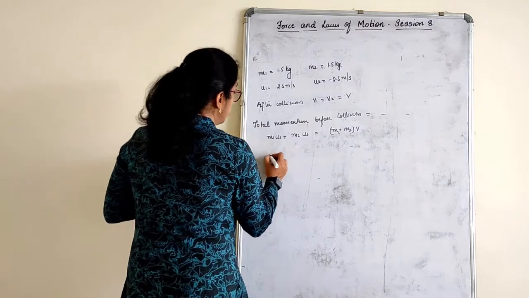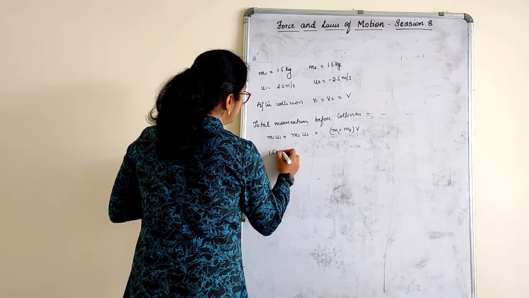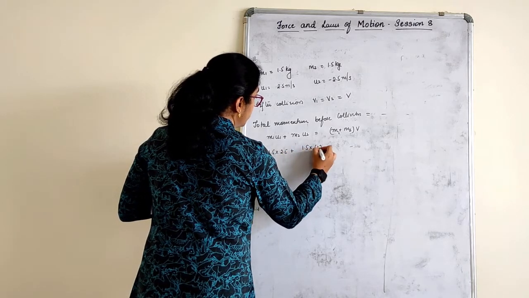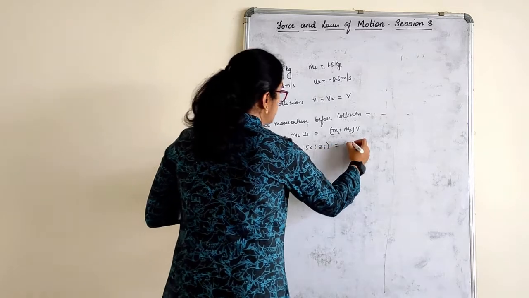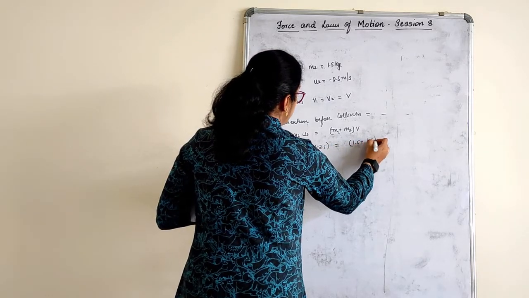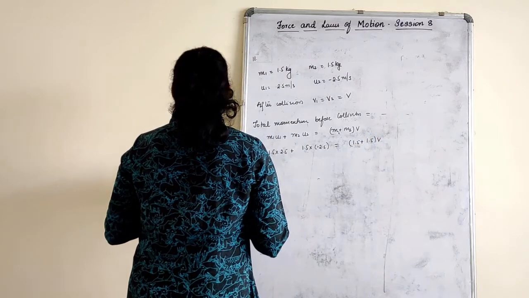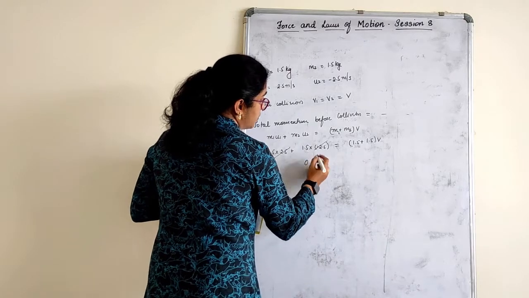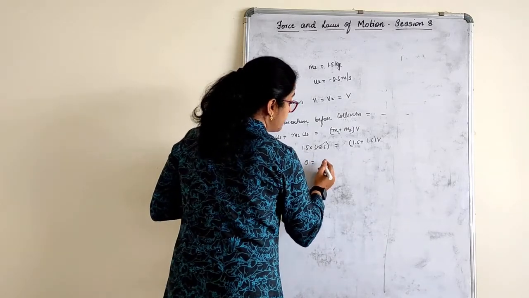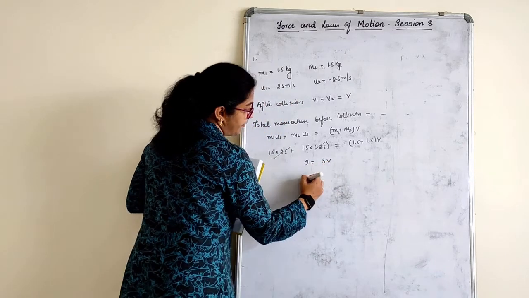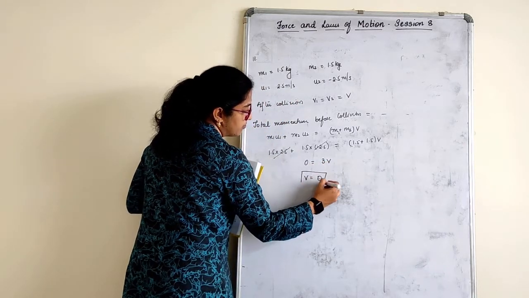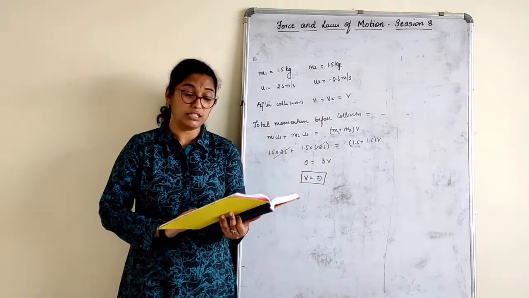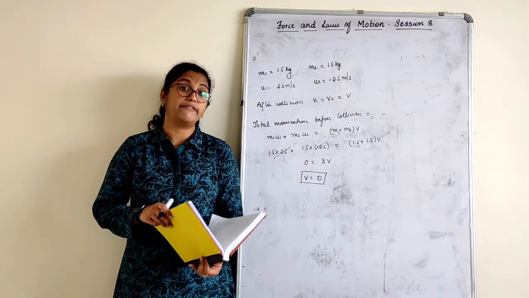Substitute. m1 is 1.5 into 2.5 plus m2 is also 1.5 into minus 2.5 is equal to 1.5 plus 1.5 of v. Now plus and minus cancel. So 0 is equal to 3v. v is equal to 0. So the combined velocity of the object after collision will be 0.